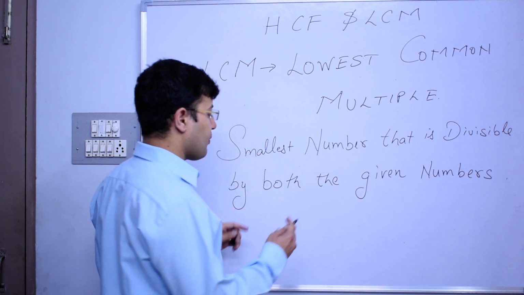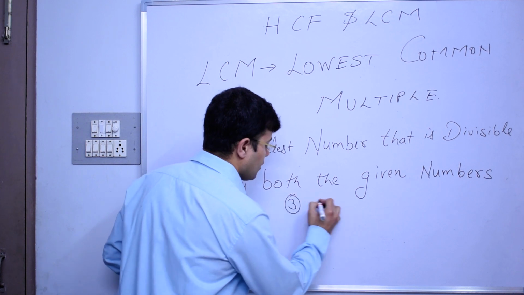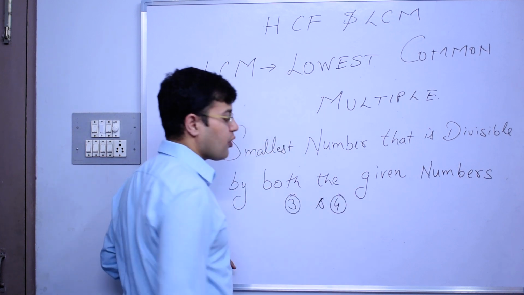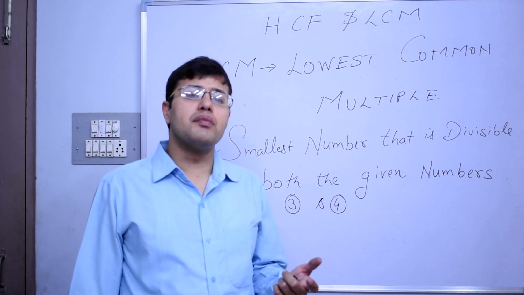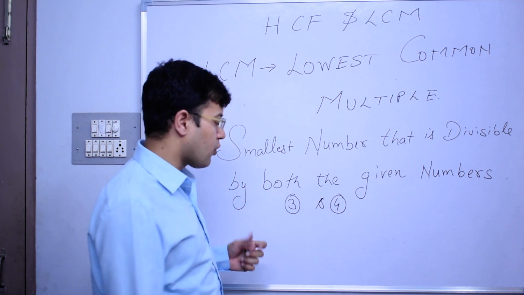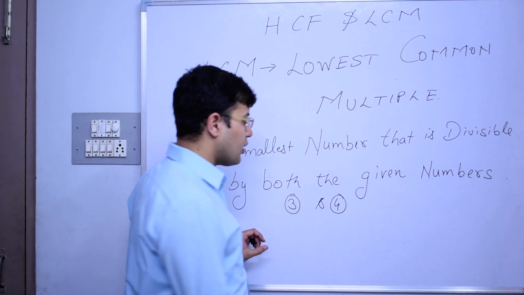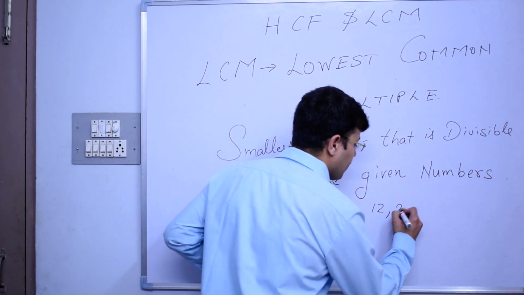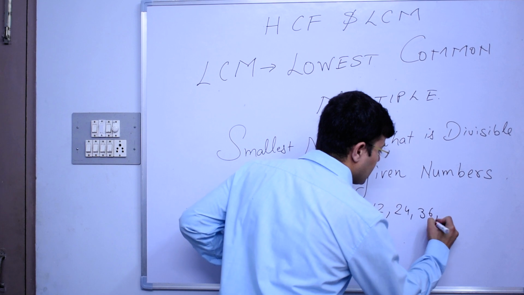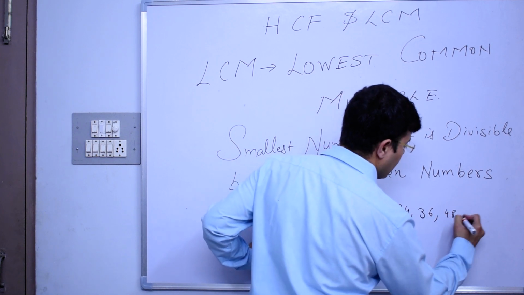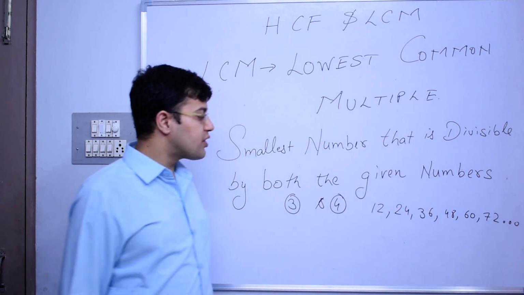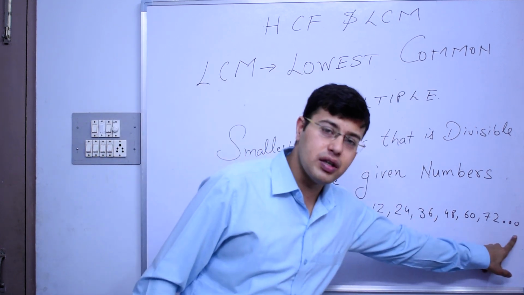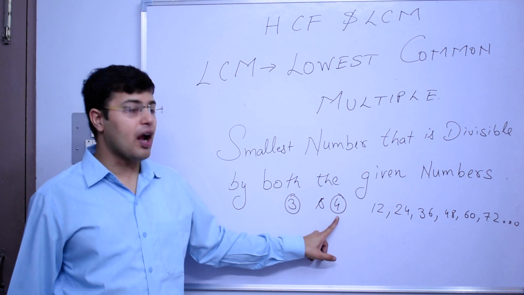Let's say for an example, you are asked to find the LCM of numbers 3 and 4. Now first of all, we'll list down all the numbers which are divisible by 3 and 4. So if I write 12, 24, 36, 48, 60, 72 and so on, I would see that all these numbers are divisible by 3 and 4.